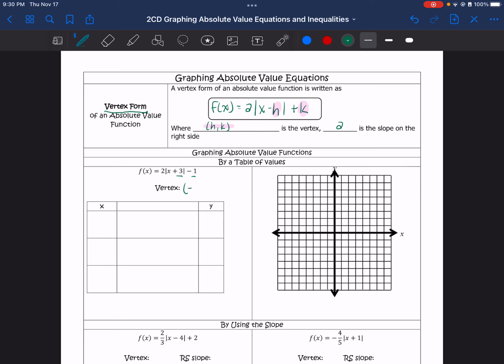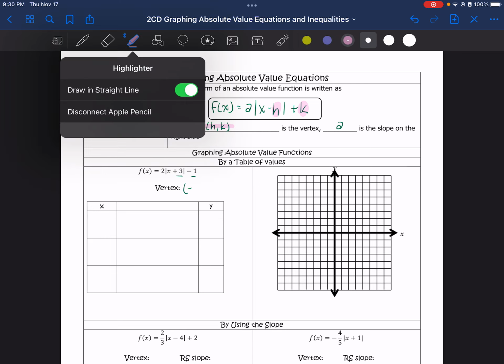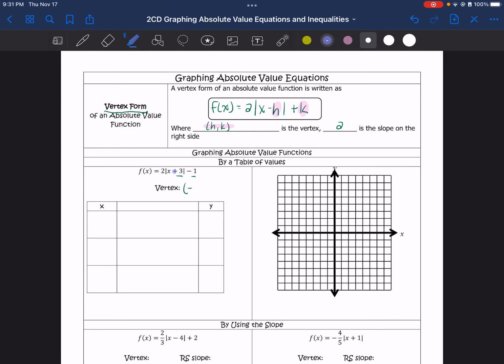A good rule of thumb is that if our operation between x and h is a plus sign, we know that h is going to be negative. Same deal here. So if we are looking at k, well, k was a plus sign. Plus k gave us a positive k.